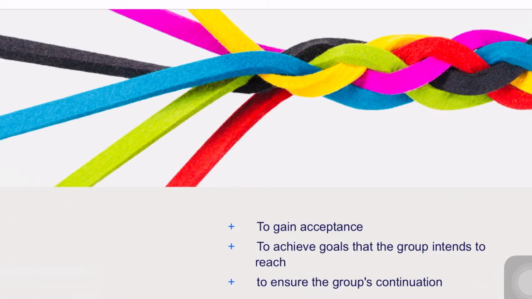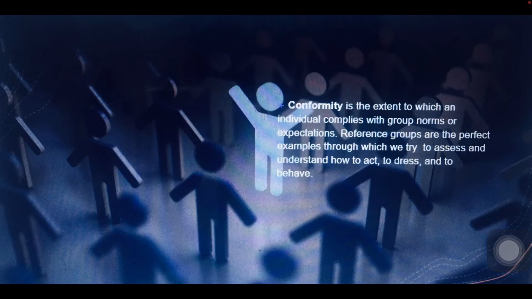Sociologists believe that another reason that pushes individuals to conform is that they want to enjoy taking part in group activities to ensure the group's continuation. Conformity is the extent to which an individual complies with group norms or expectations. We can take the example of reference groups, through which we try to assess and understand how to act, how to dress, and how to behave in a particular situation.